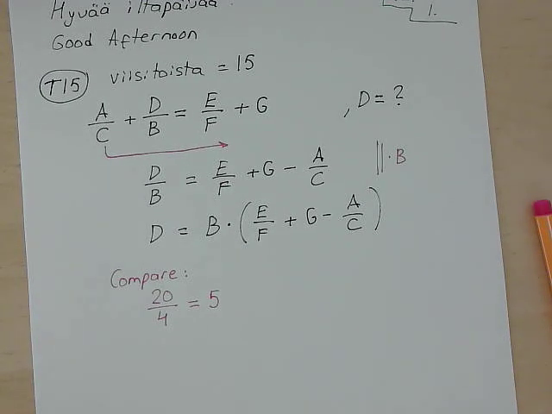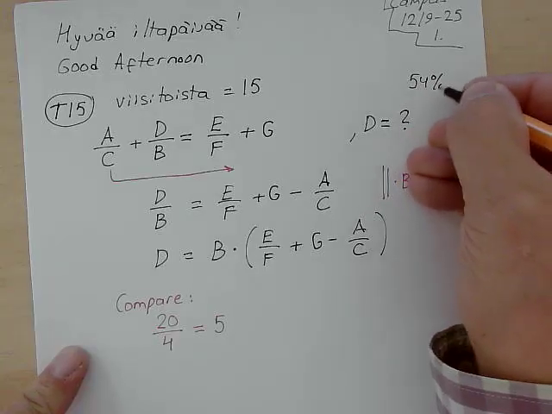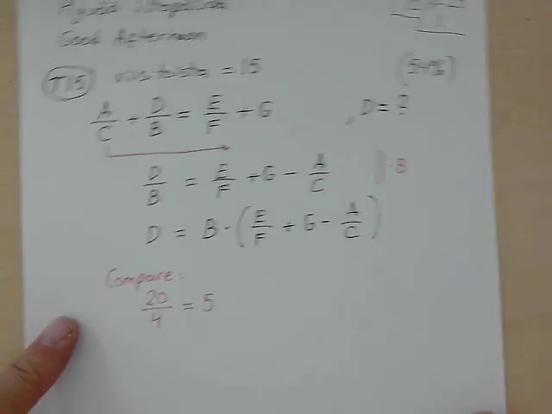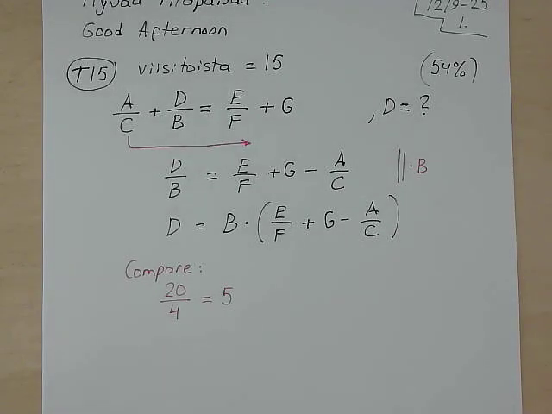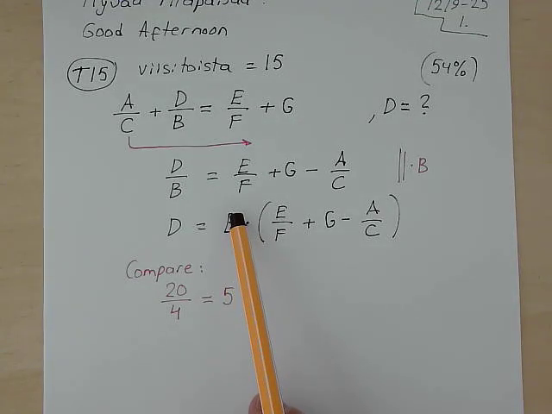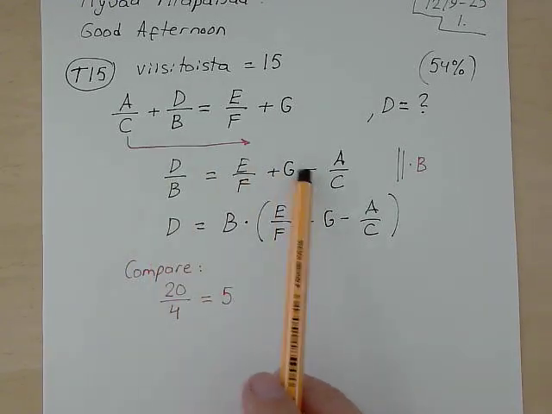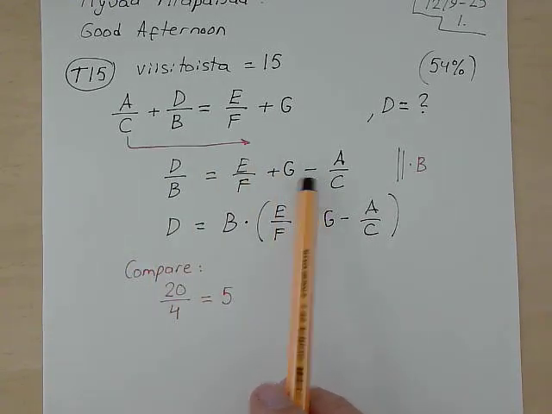By the way, this was solved correctly by 54% of students in last week's test. The most common error was that sign errors were quite usual, that you didn't remember to change the sign.